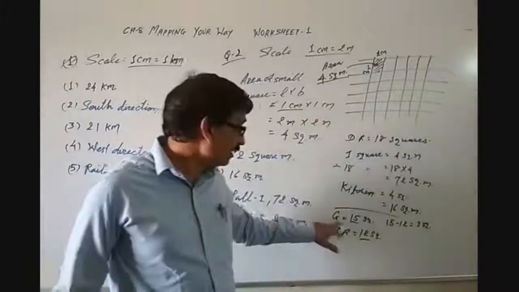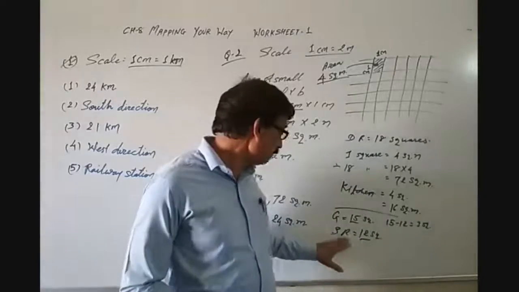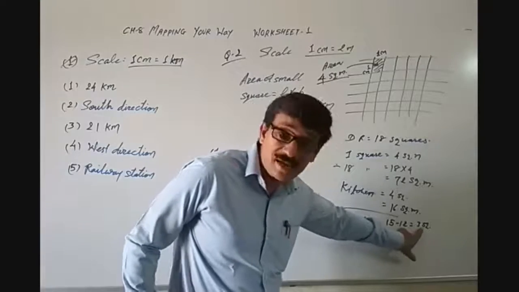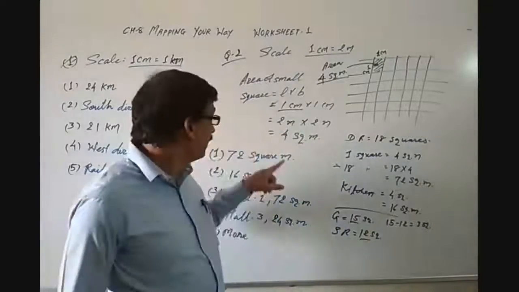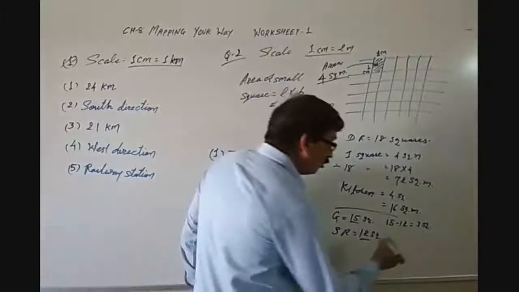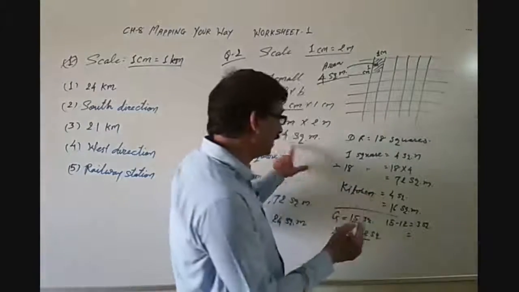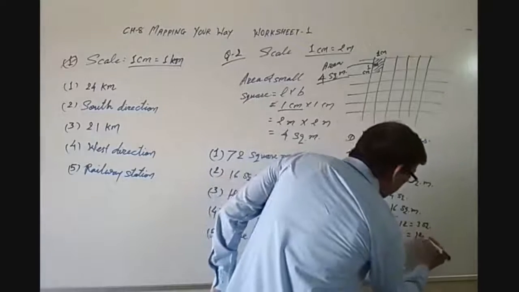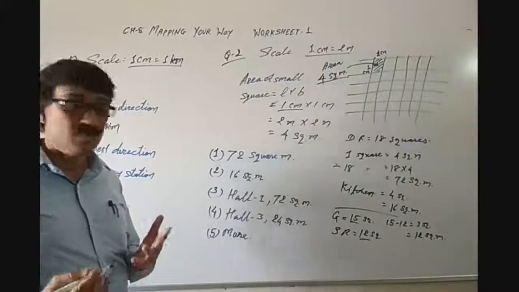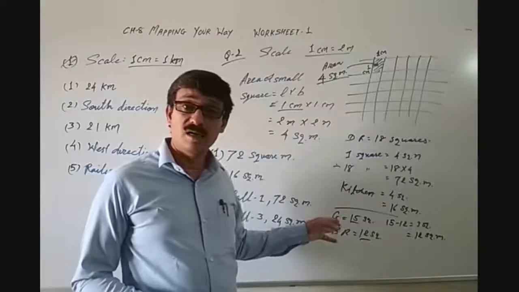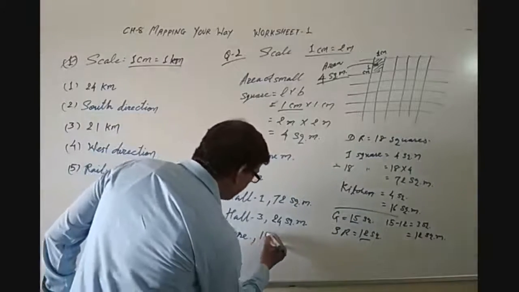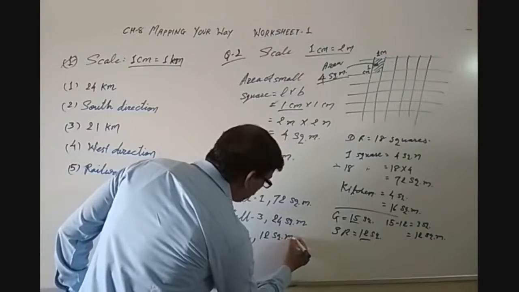The area of the garden is 3 squares more than the storeroom. The area of 1 square is 4 square meter, so the area of 3 squares is 3 fours, which are 12 square meter. So the area is 12 square meter more.